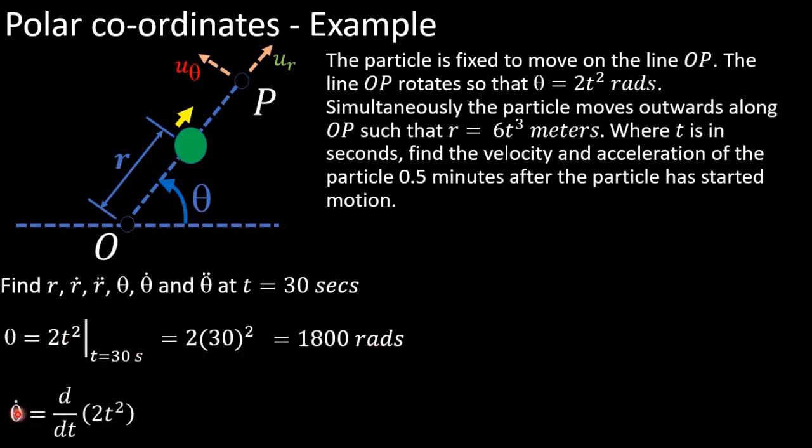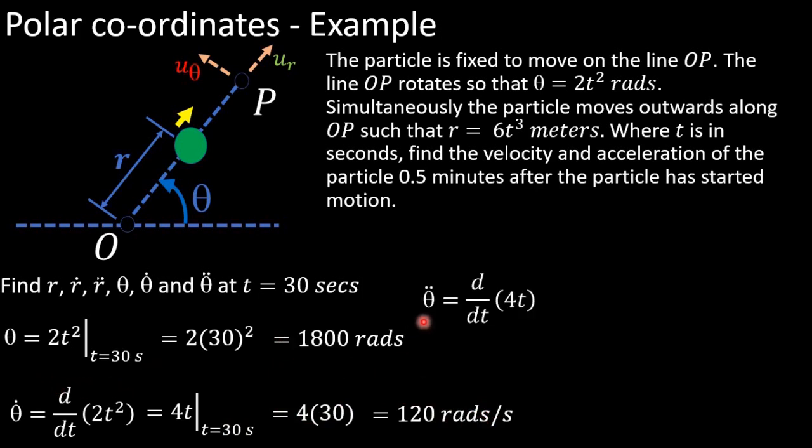Then theta dot: differentiating theta equals 2t squared with respect to time gives 4t. Evaluating at 30 seconds, 4 times 30 is 120 radians per second. For theta double dot, we differentiate theta dot, 4t, to get 4 radians per second squared.